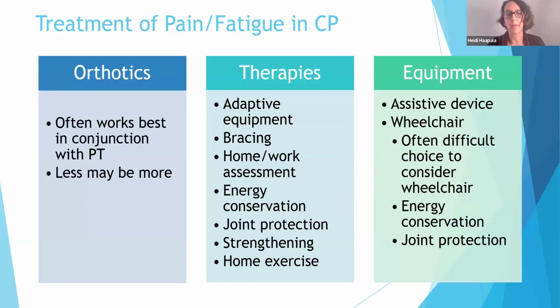Often it's really hard if I have a patient who's come in who hasn't used a wheelchair in the past, but it may benefit them, and we talk about that. That's often over many visits because that's often a huge change in lifestyle. And some of the reasons to consider assistive devices or things like wheelchairs is for energy conservation or protecting the joints from extra damage.